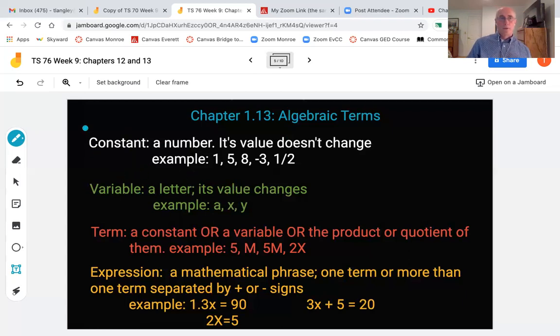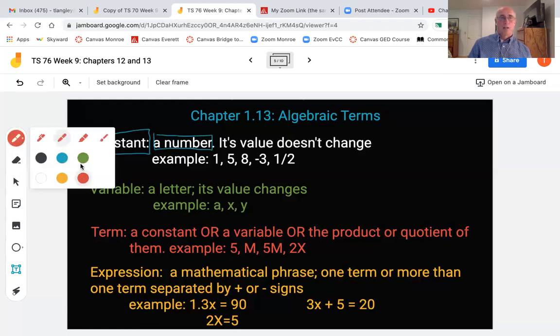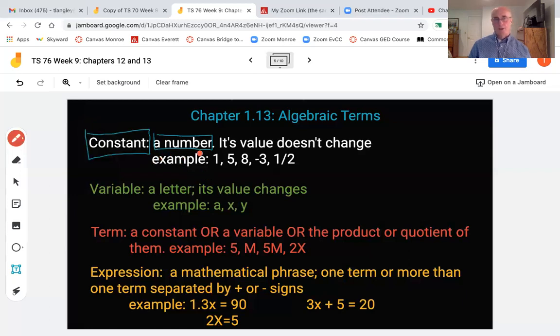The first term is what's called a constant. The best way to think of a constant is it's just a number. If you think of a constant as a number, you're going to be on the right track. The definition of a constant is that its value doesn't change. The value of 2 or negative 2 or 1/2 doesn't change, it's the same.